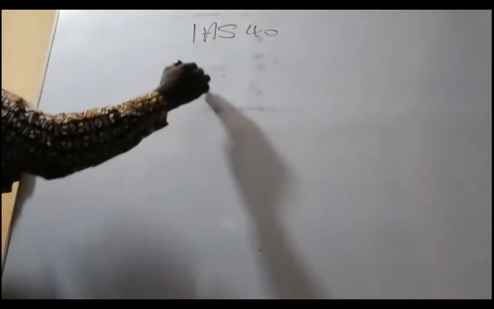Why jump from 16 to 40? Because they are in good terms. So let me start with those who are in good terms first and come to those who are not in good terms. But normally, the same day I finish IAS 16, the same day I should finish IAS 40.